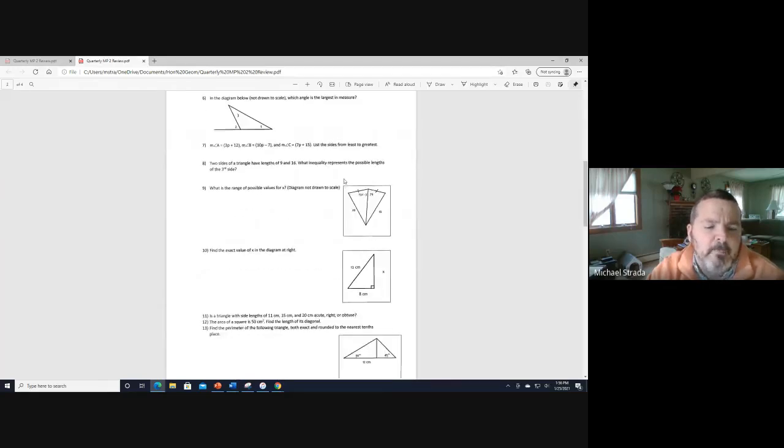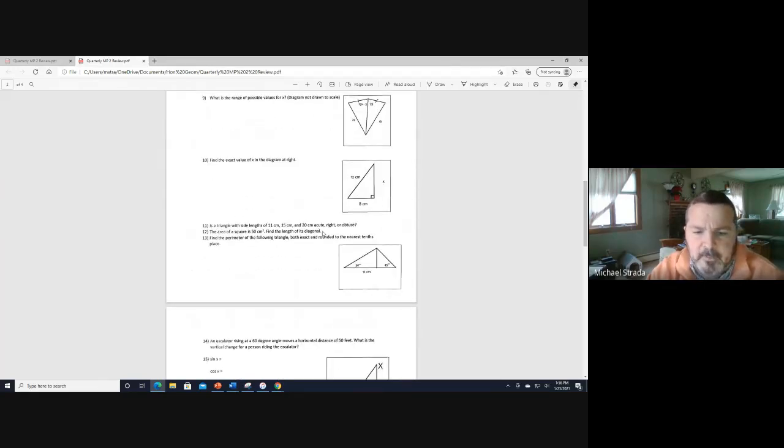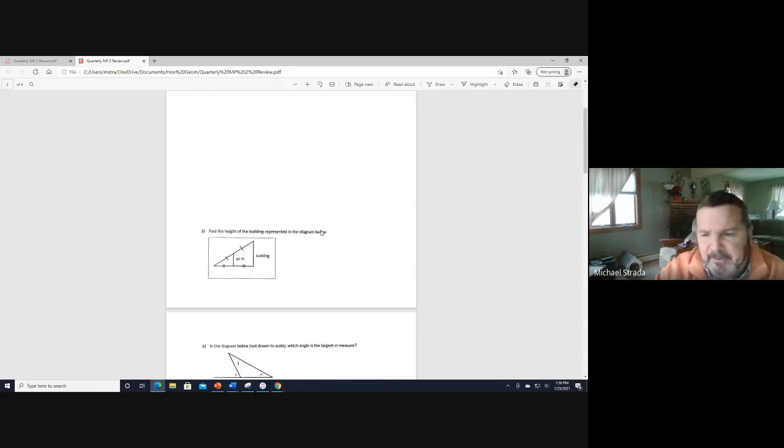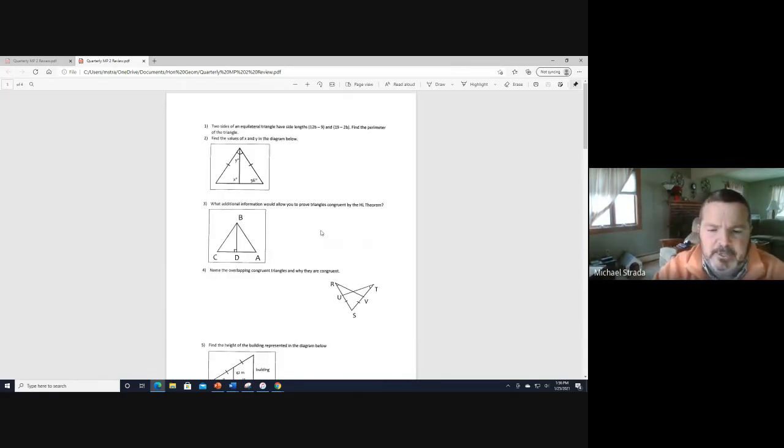So we will probably get through to number 12 tomorrow. So the plan is to go through 1 through 12 on the quarterly review. And then after that, we will handle the rectangle section of what we're just working with.